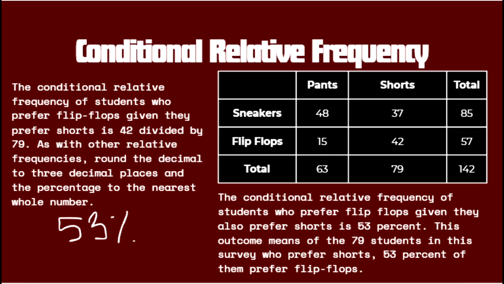This outcome means that of the 79% of students in this survey who prefer shorts, 53% of them prefer flip-flops. So when we're doing this, the first thing they say, we're going to follow across, and then the second thing they say is going to give us our total. The second item in the list.